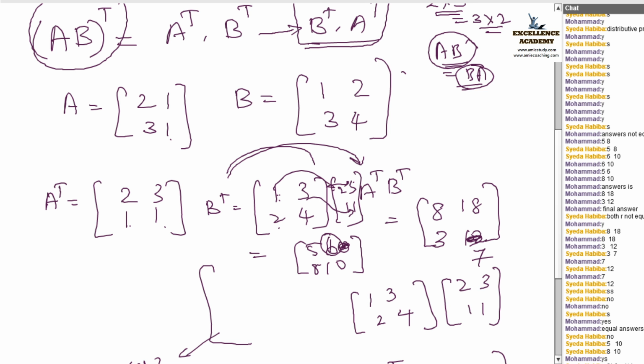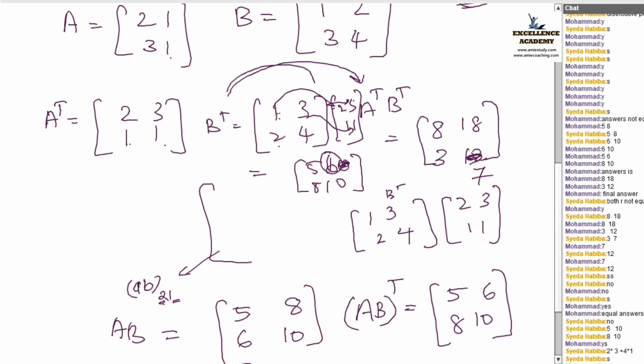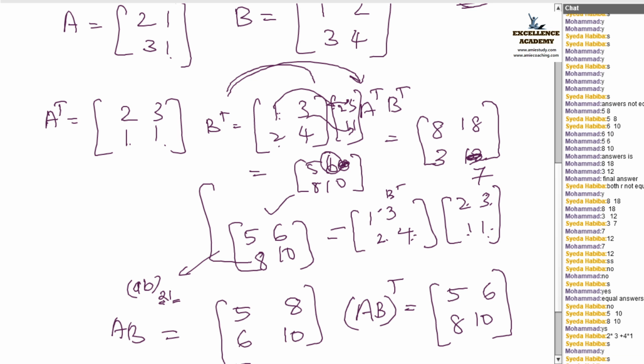Am I right? This is B transpose into A transpose. So, first you can write 1 into 2 plus 3 into 1, that is 5. Second one, 1 into 3 plus 3 into 1, that is 6. Then 2 into 2 plus 4, that is 8. 2 into 3 is 6 plus 4, 10. Agreed?